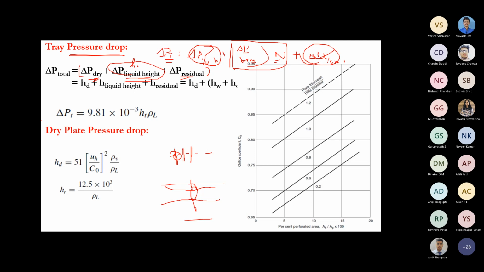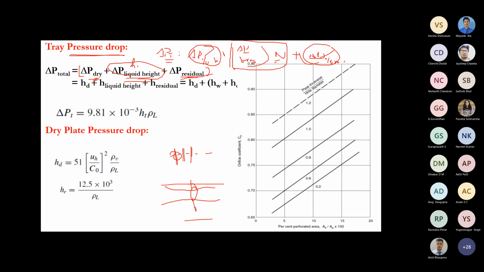Because of this high energy of vapor, it will form froth over the tray. Some liquid particles are taken by, or entrained by, this vapor phase. Hence, additional energy loss takes place when the liquid droplets are carried by the vapors. That is calculated as H residual.